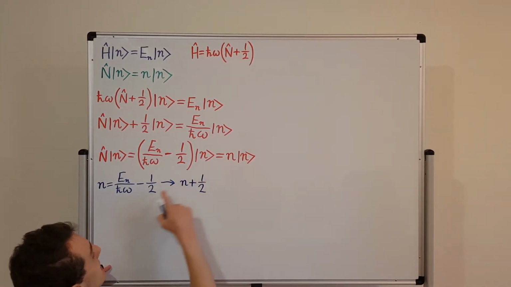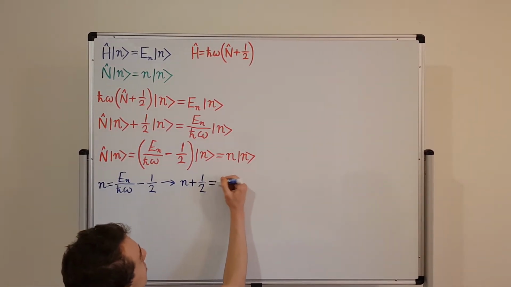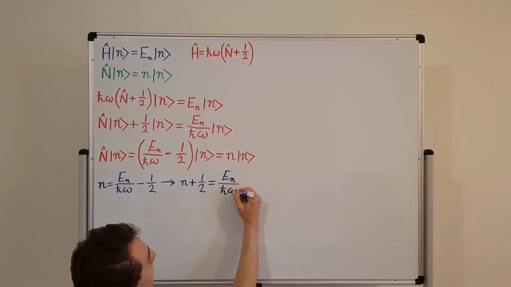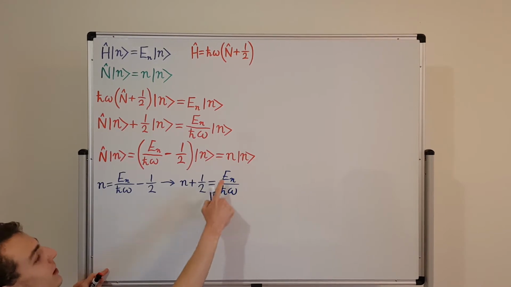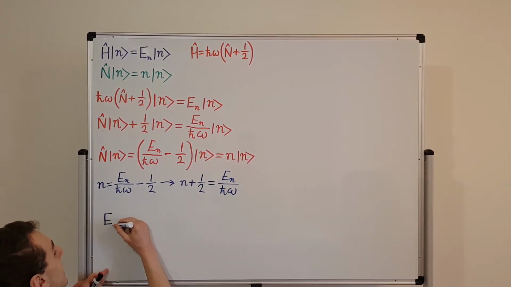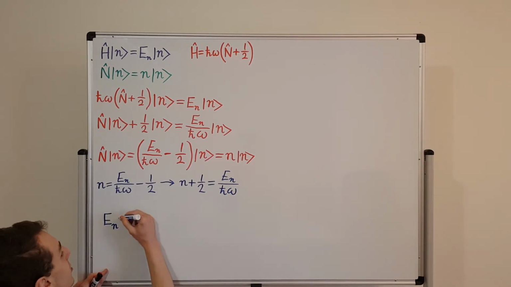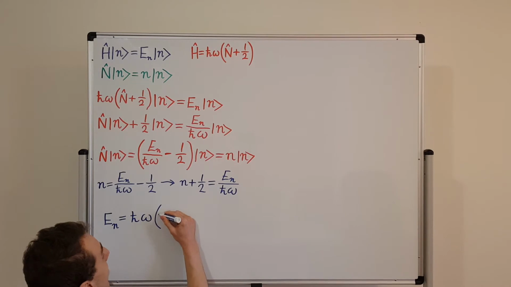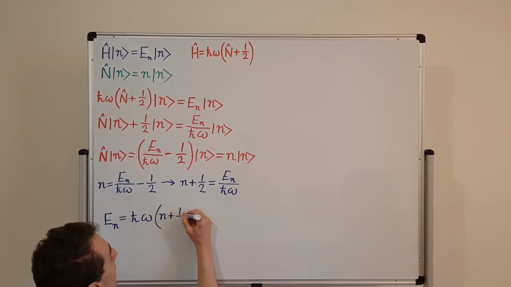So I just want to move this half to the other side. That's equal to E n over h bar omega. And then finally, if I multiply both sides by h bar omega, that's going to give me this equation. The nth energy eigenvalue is equal to h bar omega times n plus 1/2.